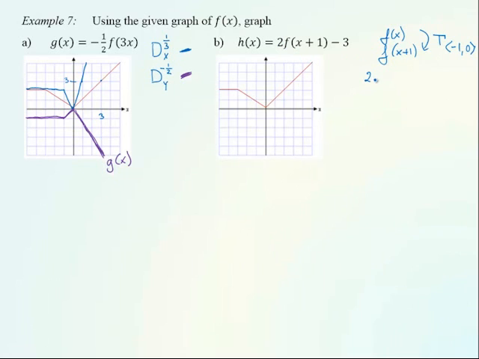So the next step will be 2 times f of x plus 1, which can be obtained by applying dilation, multiplying the y value, so in the y-axis, by the factor 2. And to be closer to h, your final h of x is the same as the previous function, -3, which can be obtained by applying translation by the vector 0, -3.